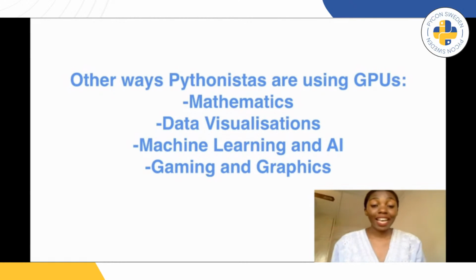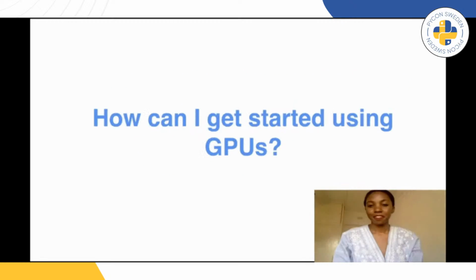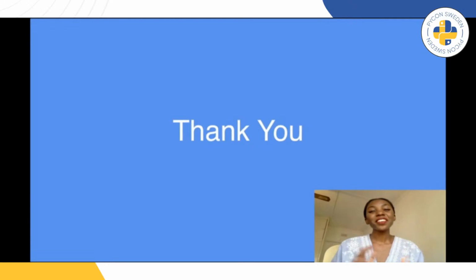Machine learning and AI these days, almost exclusively, machine learning models are trained using GPUs. So for anyone wondering how they can get started using GPUs and maybe trying it out, almost every major cloud provider, whether it's Google Cloud or Amazon Lambda, gives you an option to be able to access a GPU online for a minimal cost.